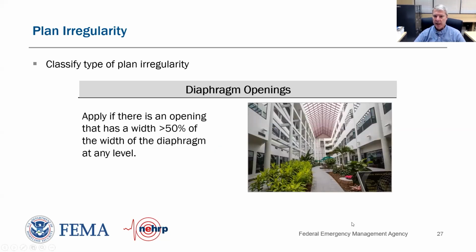Another plan irregularity is large diaphragm openings. This is a condition where our roof might have skylights in it, in the middle of our diaphragm, our roof, where we have large openings. If the building has been designed to accommodate that, how are we going to transfer forces from our diaphragm level into our vertical elements and down to the foundation?